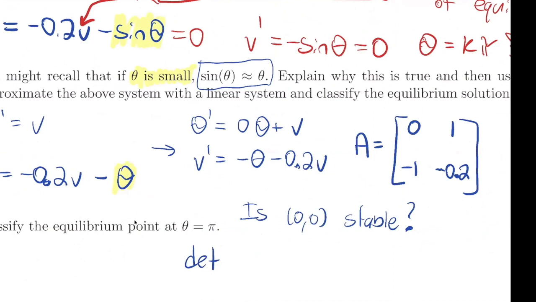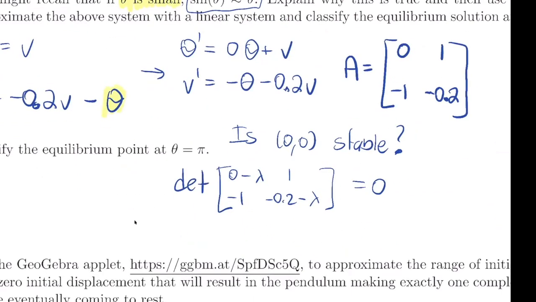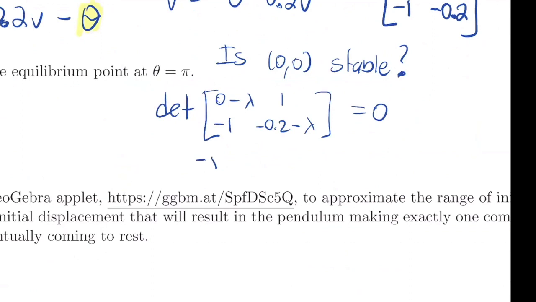So we're going to go ahead and take the determinant of this matrix, and set it equal to 0. And so that would give us minus theta times minus 0.2, I have an extra.